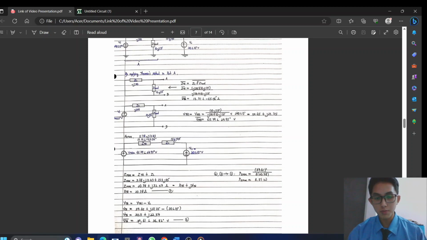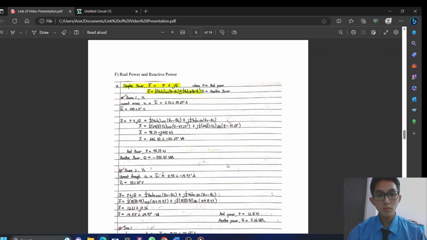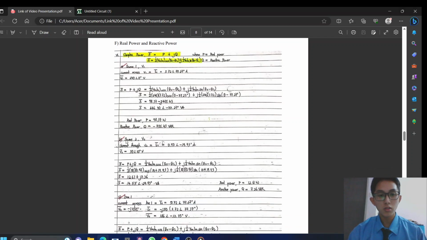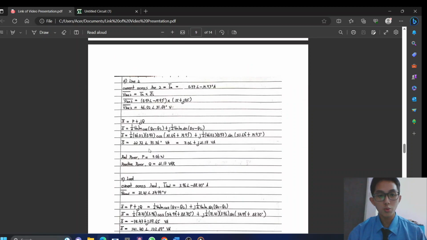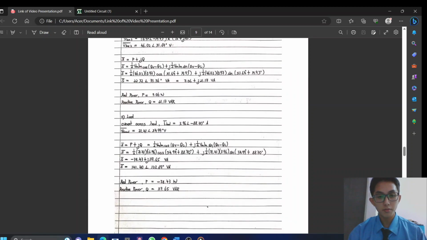Next we substitute all the values into the formula of P Z max, which is VTH squared over 8 RTH. Then for part F, we need to calculate the real power and reactive power for voltage source 1, voltage source 2, line 1, line 2, and also the load.